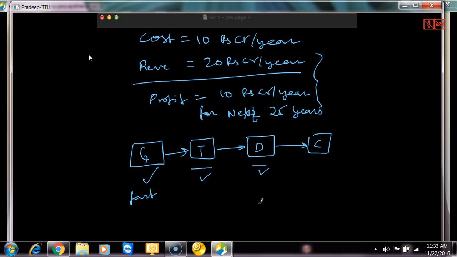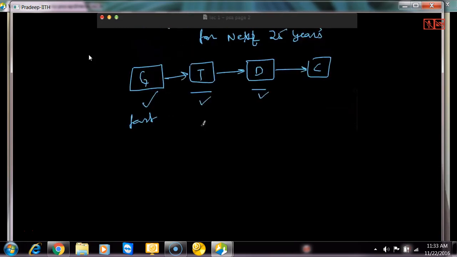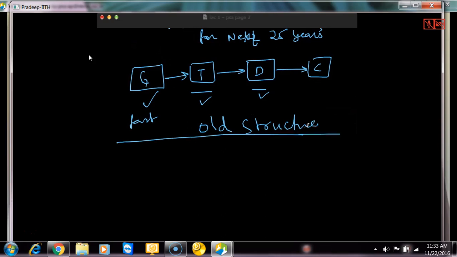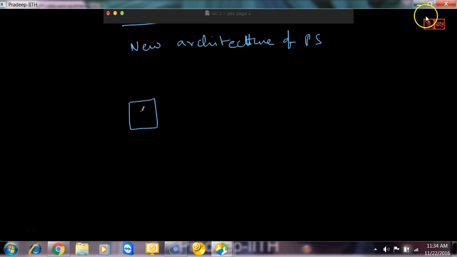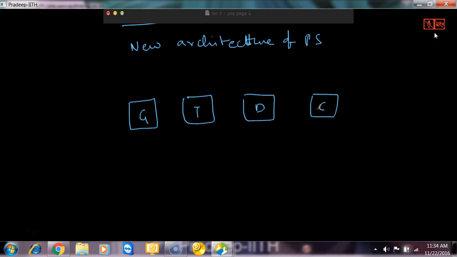Yeah. So now, whatever diagram I have drawn, this is the old structure. Okay. So what is the new architecture? So you have generation, you have transmission, you have distribution, and you have the consumer.